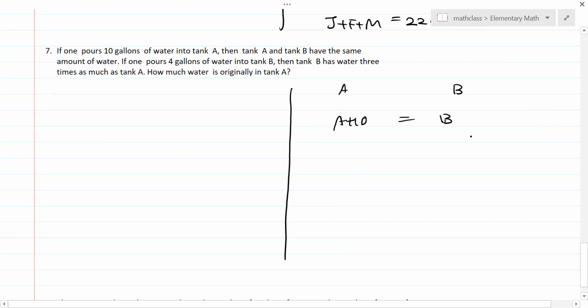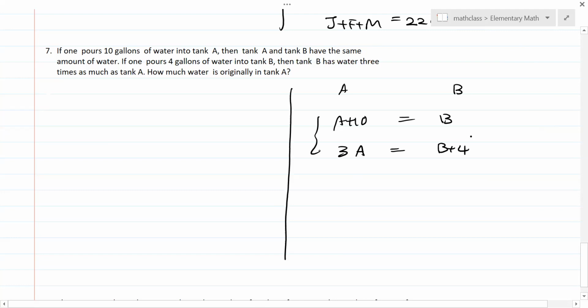That's the first condition. Now, if one pours 4 gallons of water into tanker B, B plus 4, then tanker B has water 3 times as much as A, so it's 3A. So you got 2 equations like that, right?